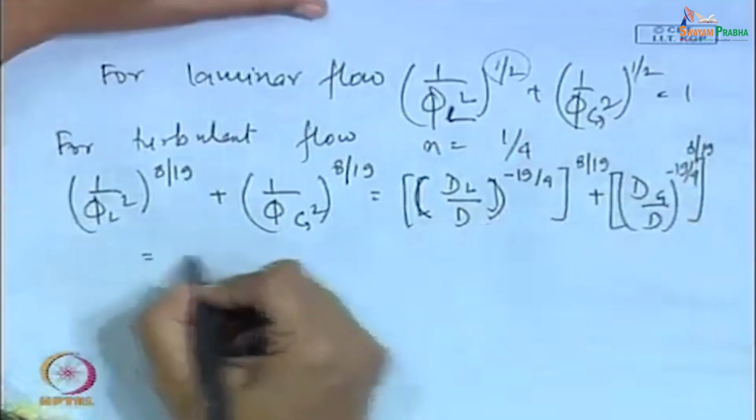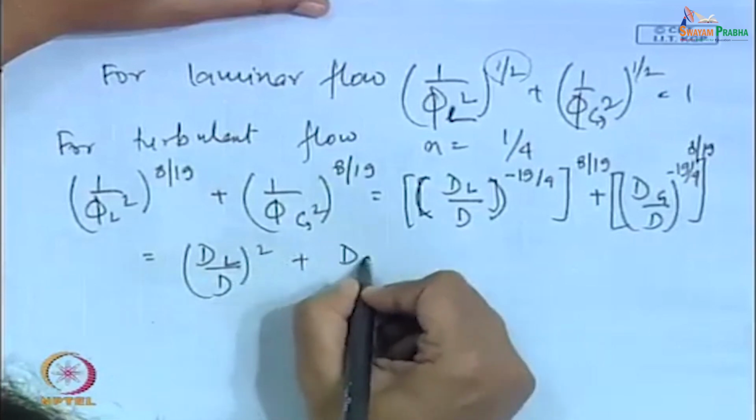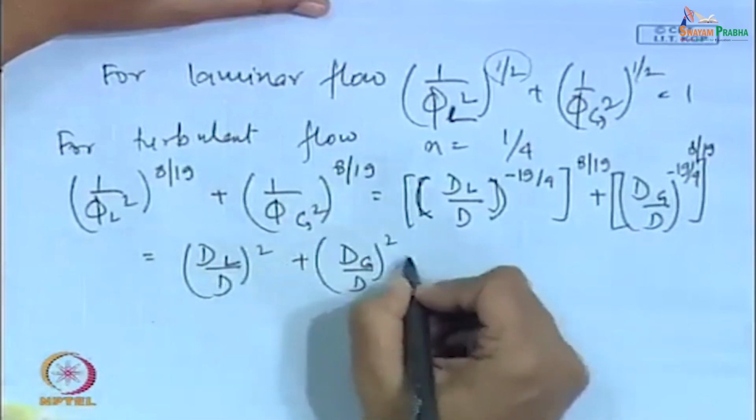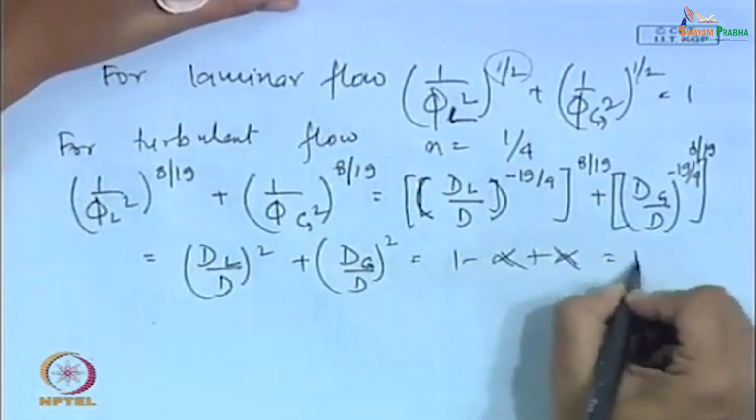So, this reduces to dl by d whole square plus dg by d whole square, which is nothing but 1 minus alpha plus alpha equals 1.